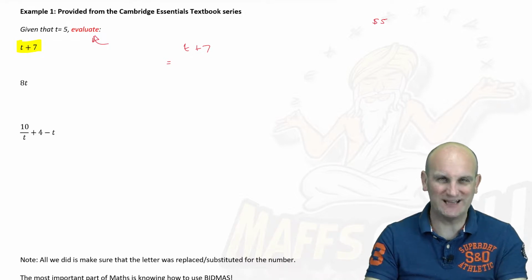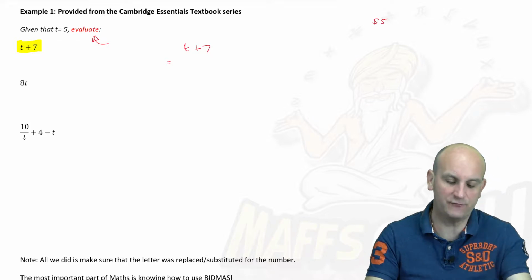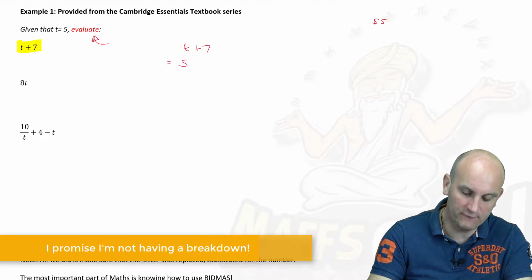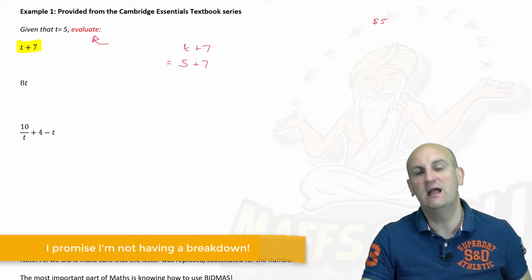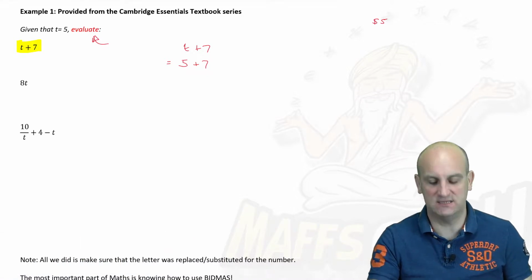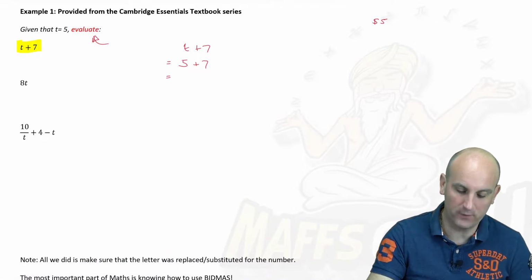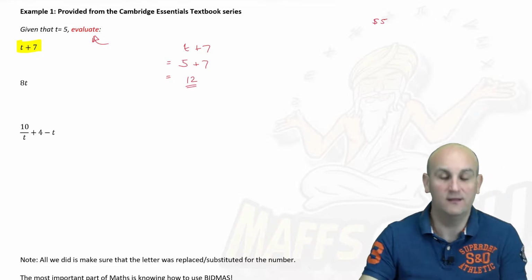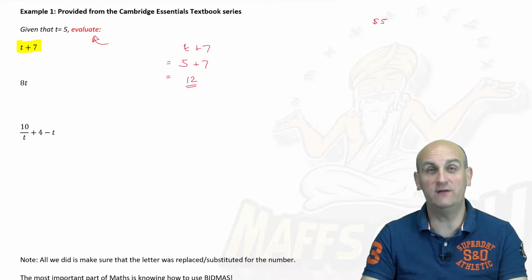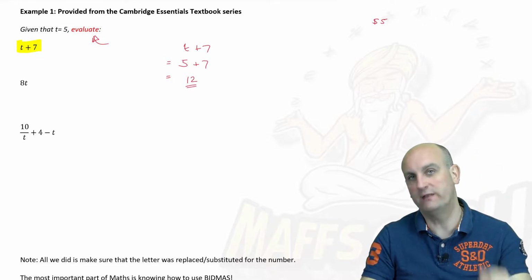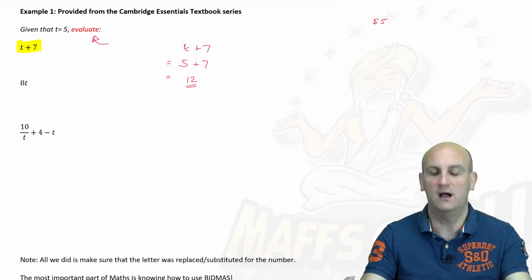And then I'm going to substitute. So it says t is 5. So where the t is, I'm going to write the 5, and then copy down the rest. And now I can actually find a value for this. I know that 5 plus 7, when I went to school, and you could argue I'm still there, is actually 12. So I've now evaluated t plus 7. For that one example where t equals 5, I get 12.